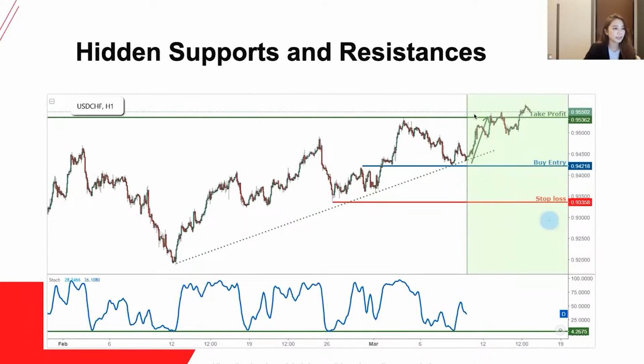So we can mark this 4.2675 as a support in our resistance. And over here, we are looking at a potential push up in stochastics, which also means there is a likelihood of support that has been bounced off on the stochastics indicator.